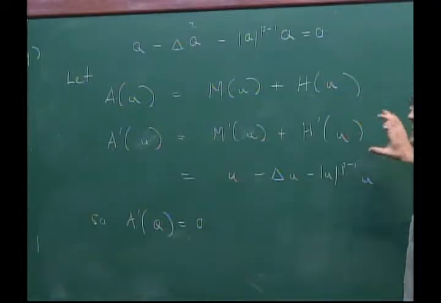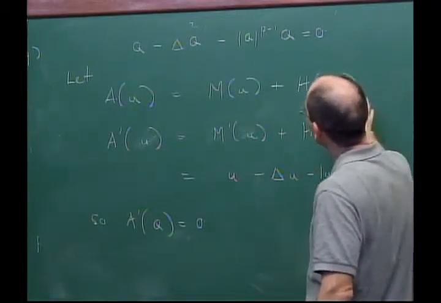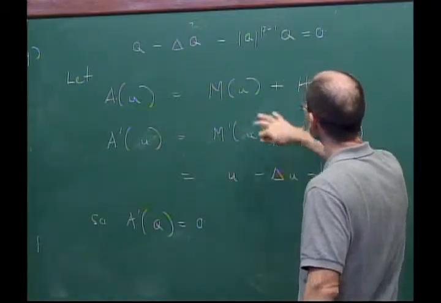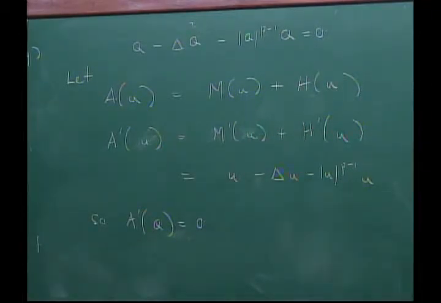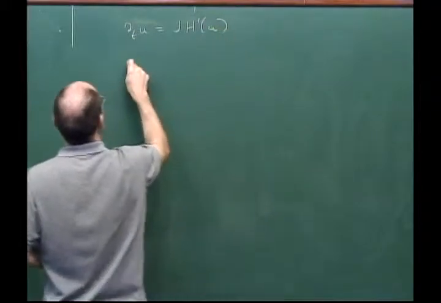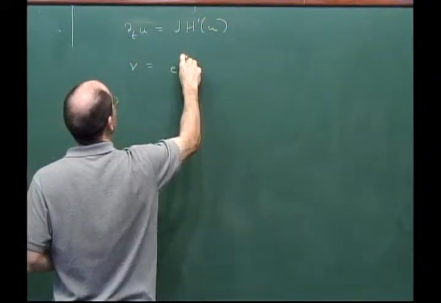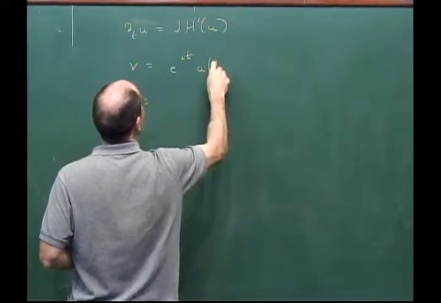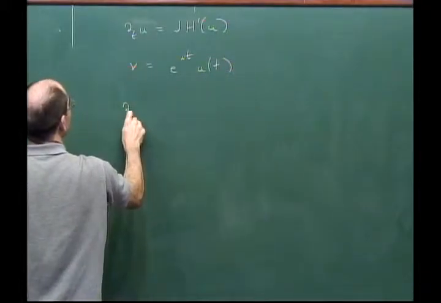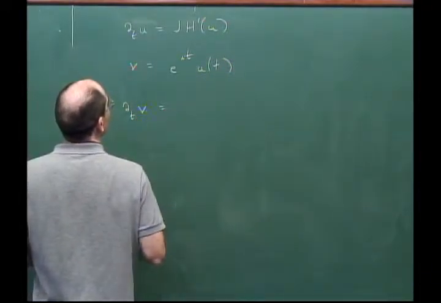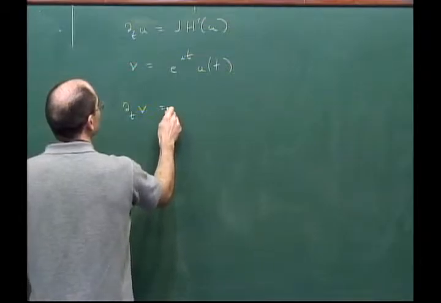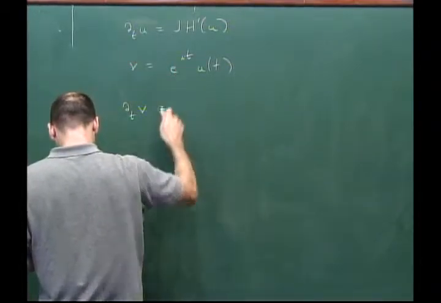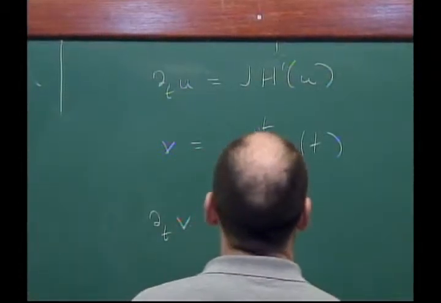So in fact, at the level of evolution, we can transfer from Hamiltonian H to Hamiltonian M plus H2. We just take dtu equals J H prime of u, and you let v equal to e to the it u of t. Then dt of v is, is it minus?